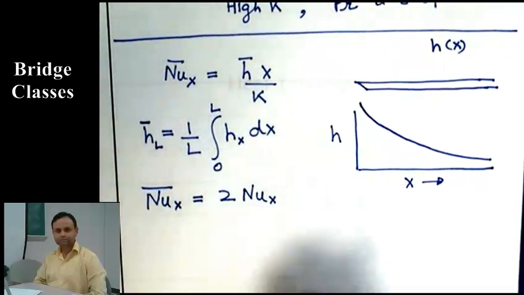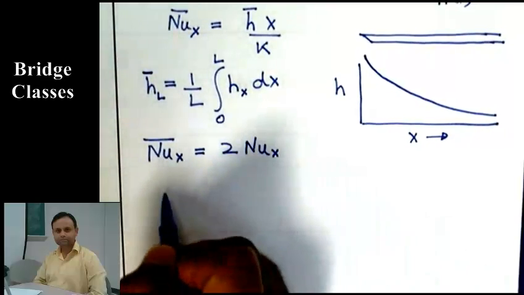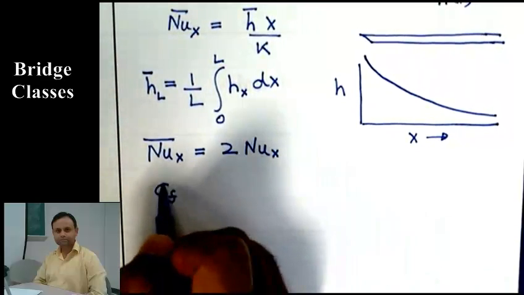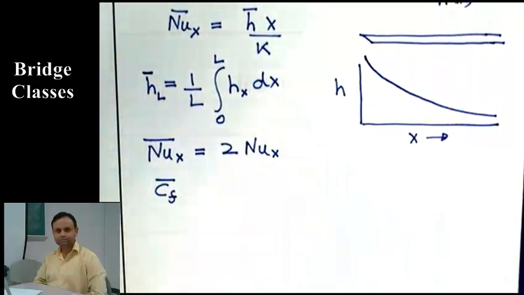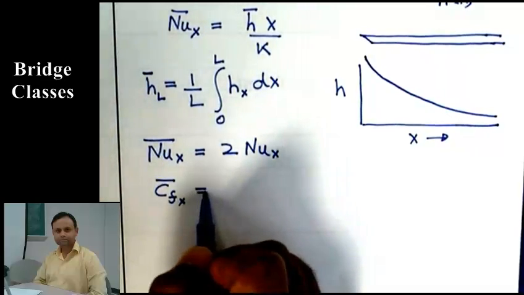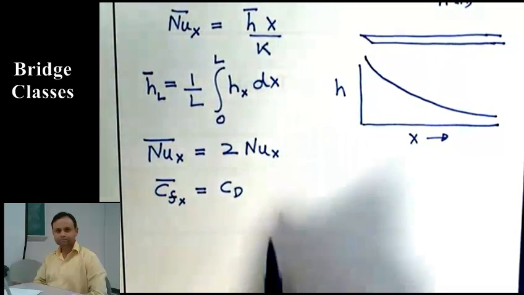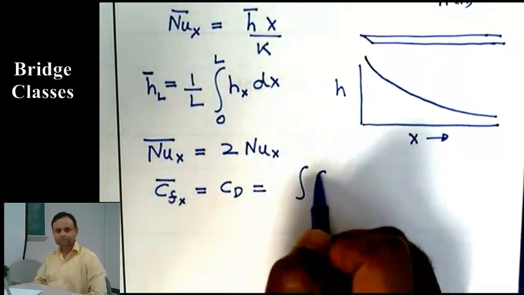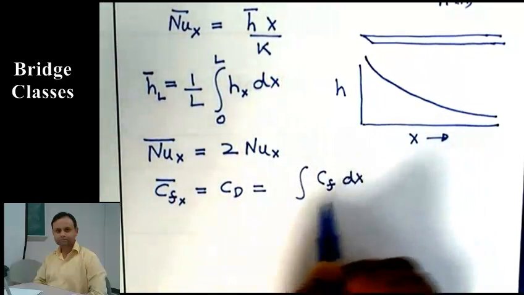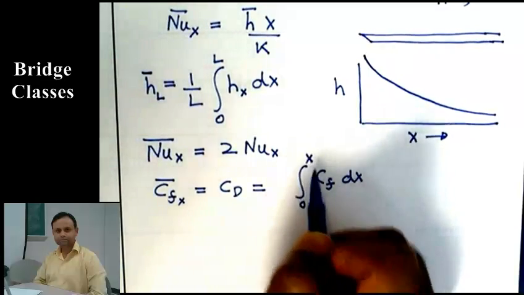And similarly, you can define an average friction coefficient up to distance x. This is also called coefficient of drag. This will be 1 over x times the integral of cf dx, where x goes from 0 to x.